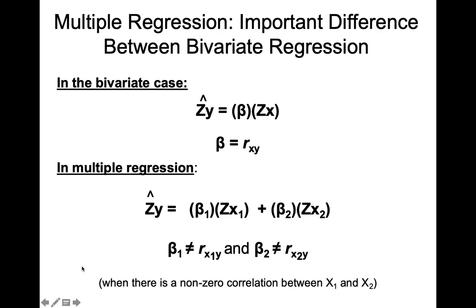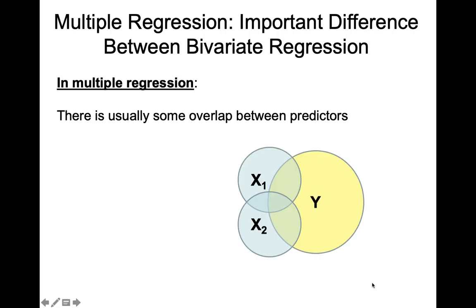Okay, when there is a non-zero correlation between x1 and x2, and the reason is because there's usually some overlap between predictors. So in the example that I just went over, you can imagine that if x1 is study hours and if x2 is sleep, there's bound to be a relationship.